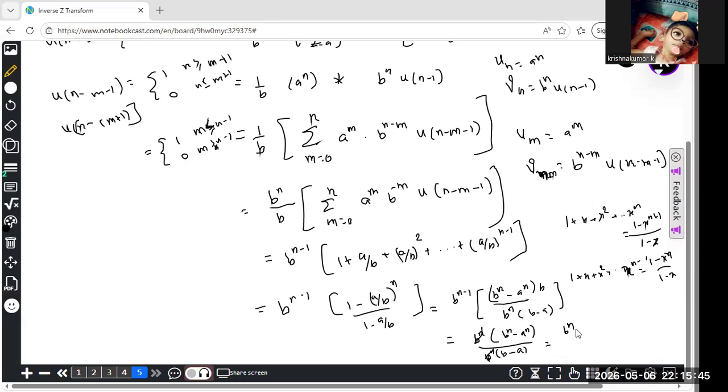The final answer will be b power n minus a power n divided by b minus a. So this is the inverse Z transform of z divided by z minus a into z minus b.